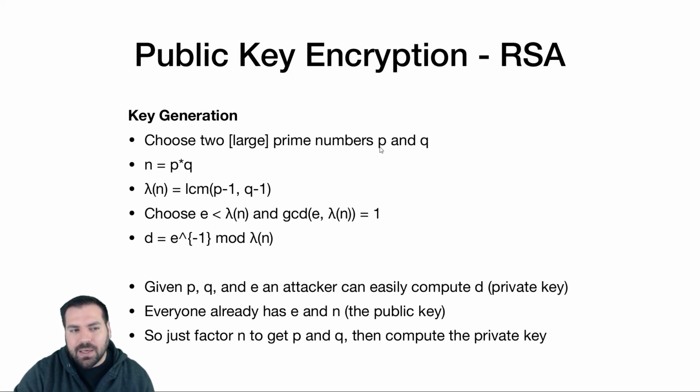Once they have P, Q, and E, because E was chosen and just has to have these properties, everything else is computed. There's only one choice for each of them. Once they factor N, they have P and Q. They already have N, so they can compute lambda. They already have E, so they can compute D.